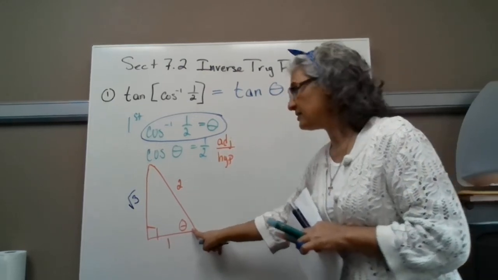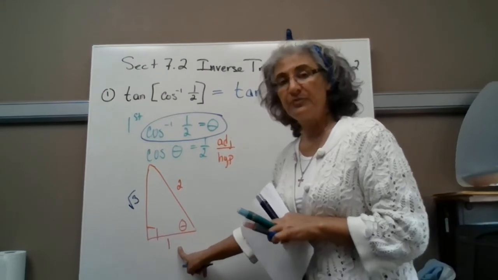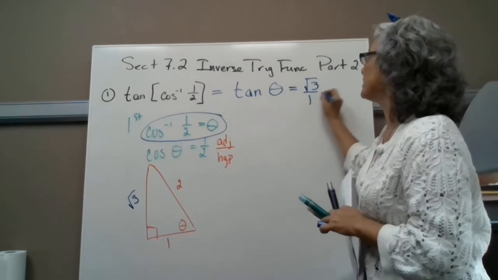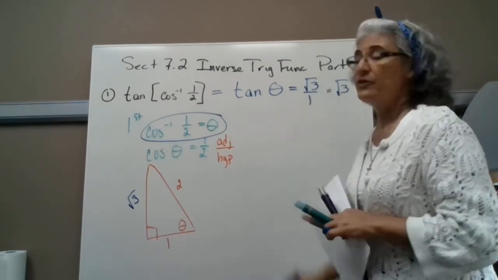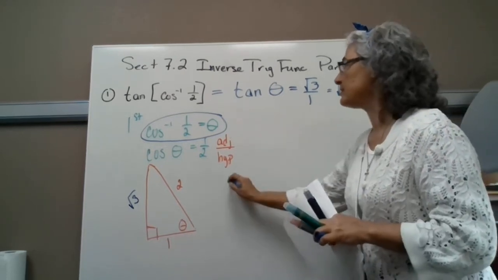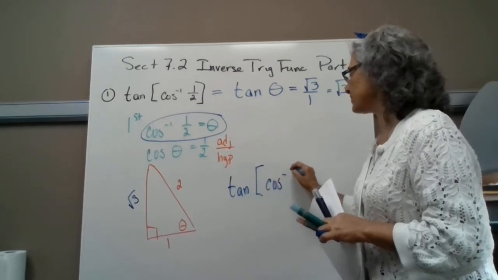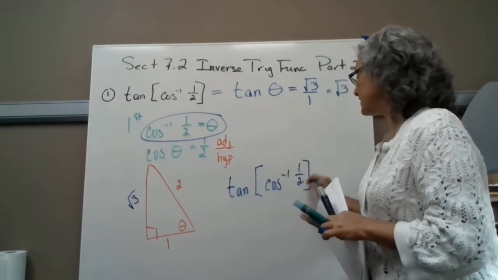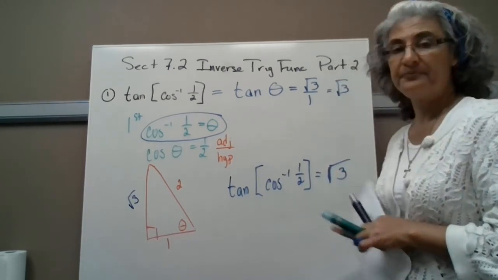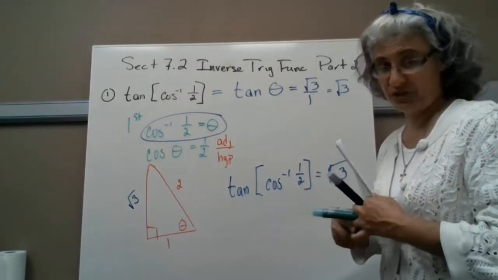Tangent is the opposite side over the adjacent side, which means in this case, I am going to take the square root of 3 over 1, which is just going to equal the square root of 3, which means the tangent of the cosine inverse of 1/2 is simply equal to the square root of 3. Cool? All right, then let's try another one.